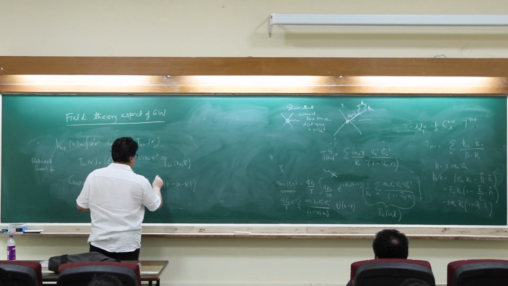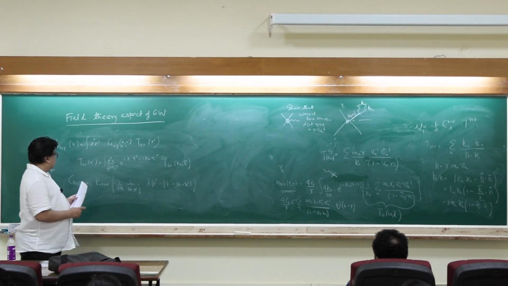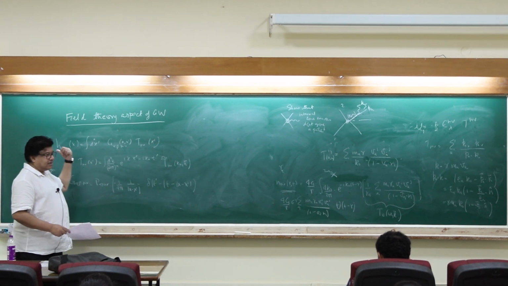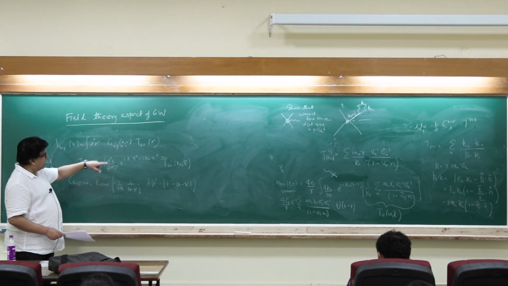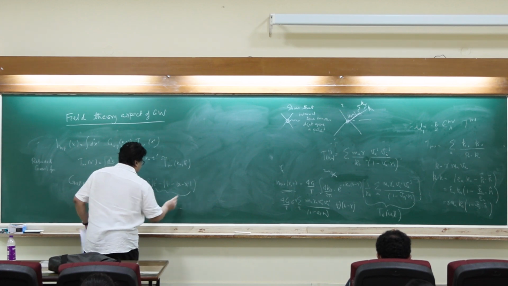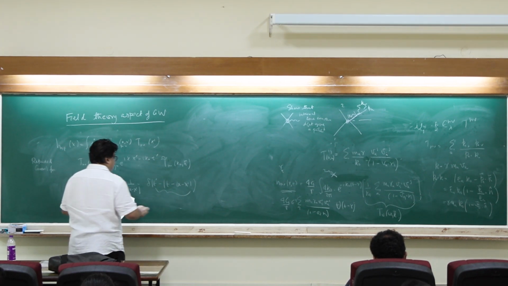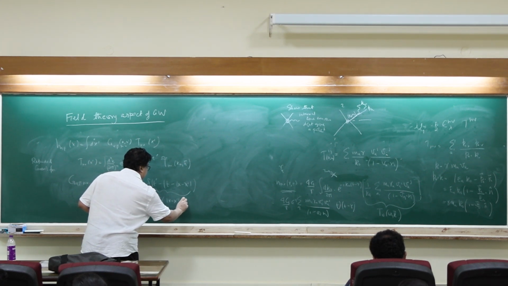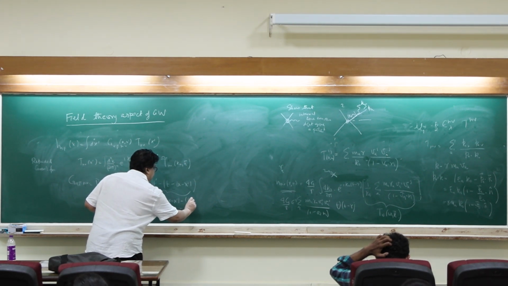t prime minus t. So the t prime is the source time and t is the observer time. Similarly, x prime is the source location, x is the observer location. And this thing here, you can also rewrite it as delta of x minus x prime minus t minus t prime.